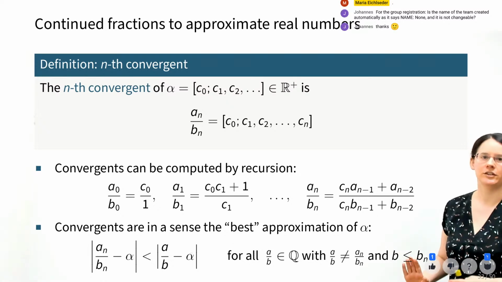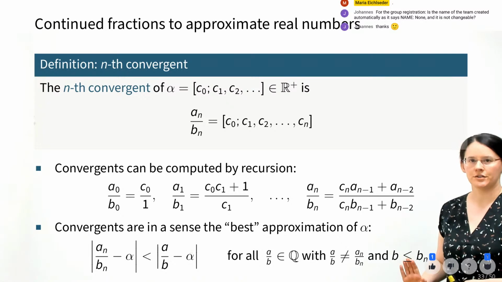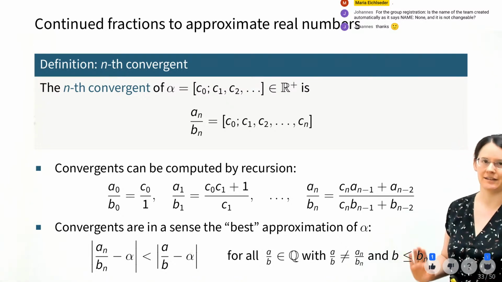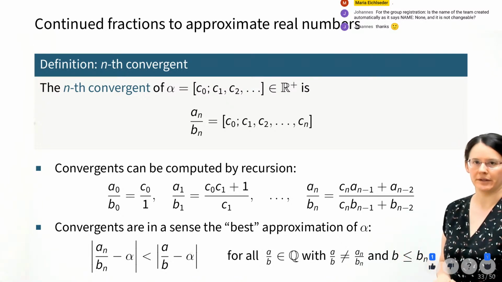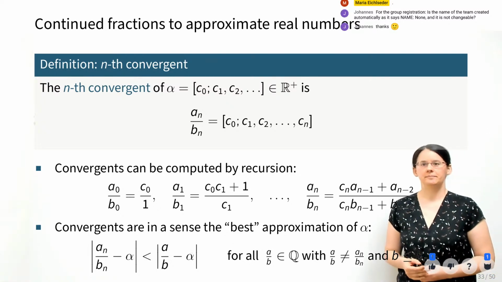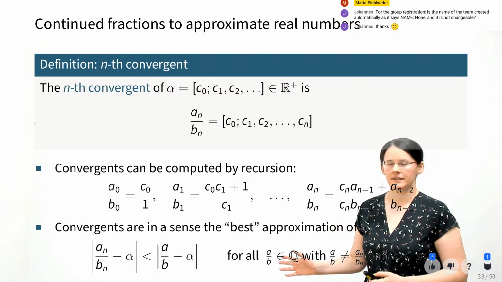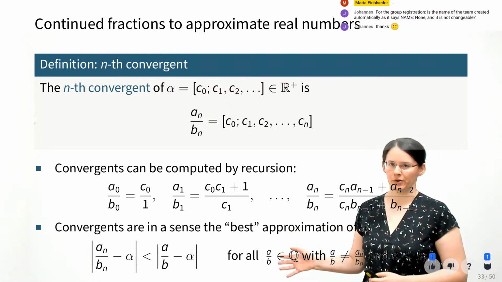So if I don't let the denominators become arbitrarily large, then these convergents give me the best approximation I can get within this limit. Okay, this is why convergents are nice for approximation.